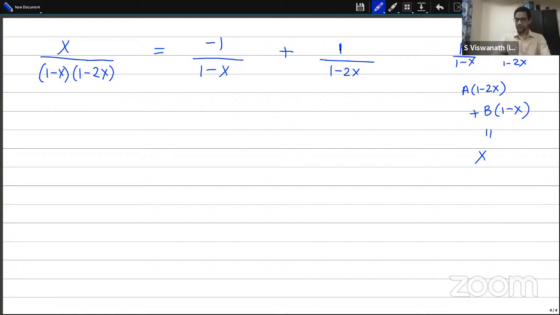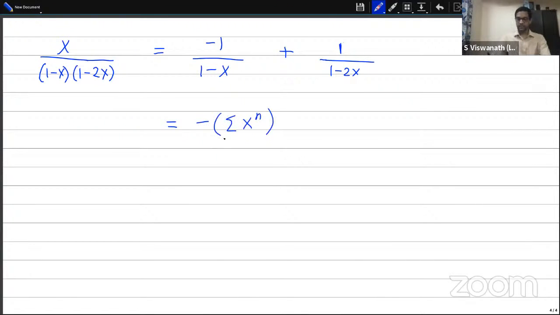Okay, correct. So now let us see. This is the final answer: A is minus 1, B is 1. And now, are we in better shape? Yes, because we know how to write the power series for these two functions. These are just geometric series again. The first term is minus summation x power n.